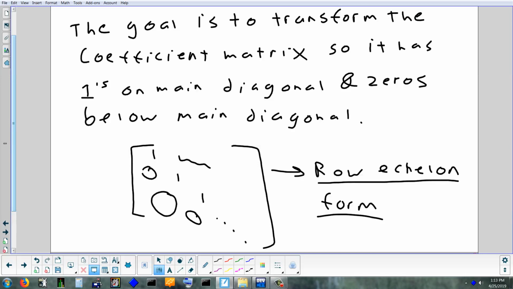But you can also then get zeros above the diagonal. If you get zeros below and above, that's called reduced row echelon form. Okay? If you don't want to get the zeros above it, that's okay, but then you got to do something different at the end, which for us is going to be substitution. If you wanted to avoid substitution, you could do what I just said. Get the zeros up here as well.